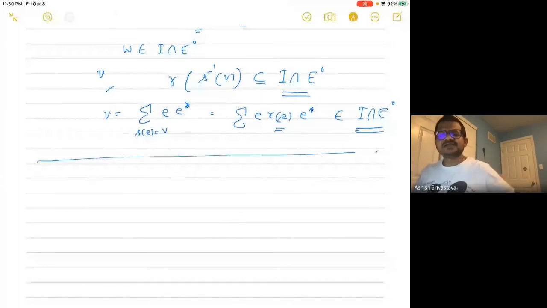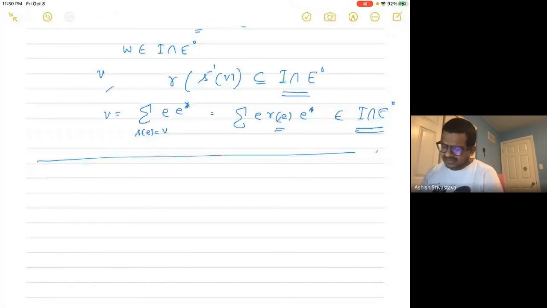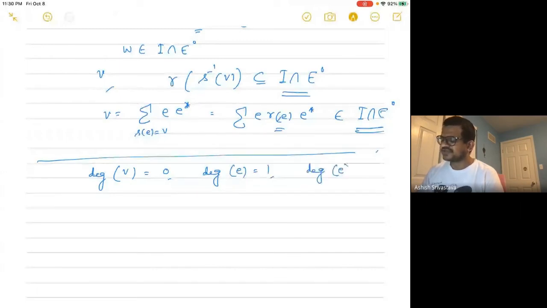Now, it turns out that a Leavitt path algebra is a graded ring in a very usual way. Take the grading in the following way: take degree of any vertex to be 0, degree of edge to be 1, and degree of E star to be -1.